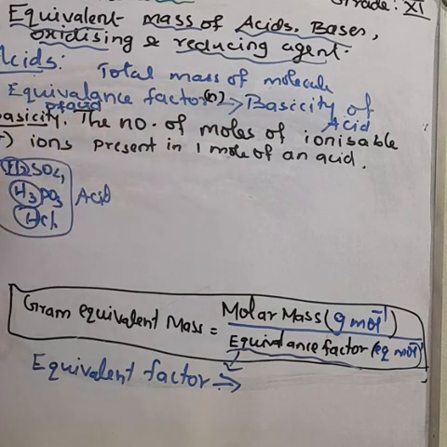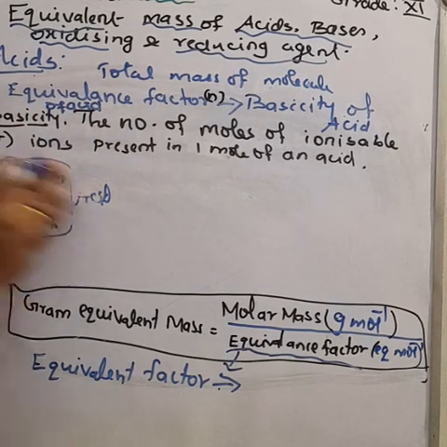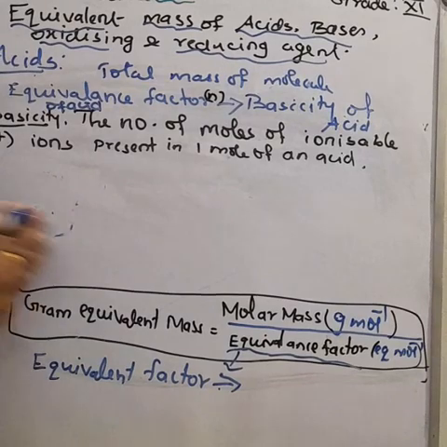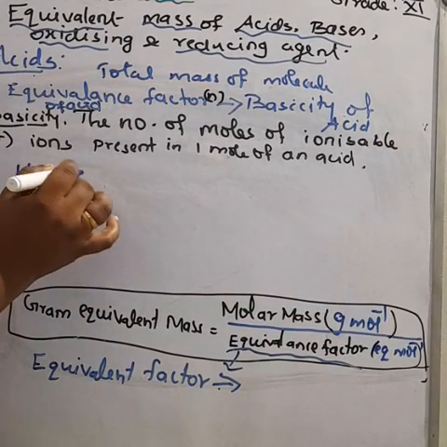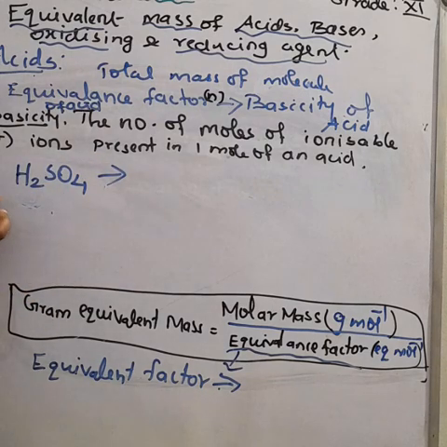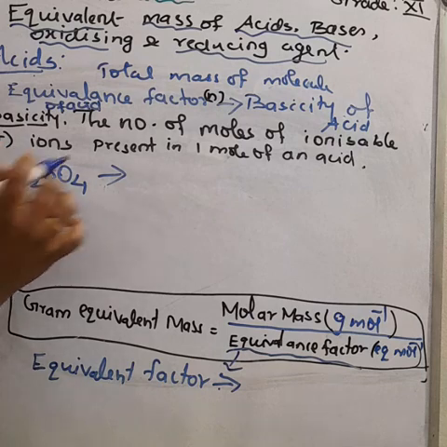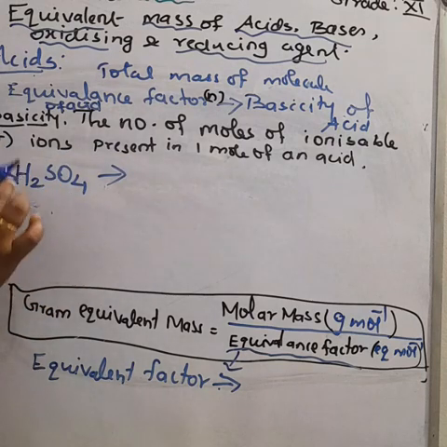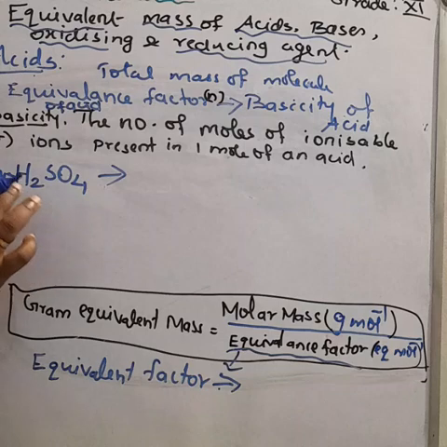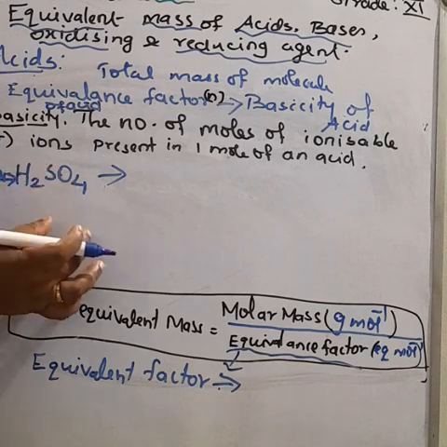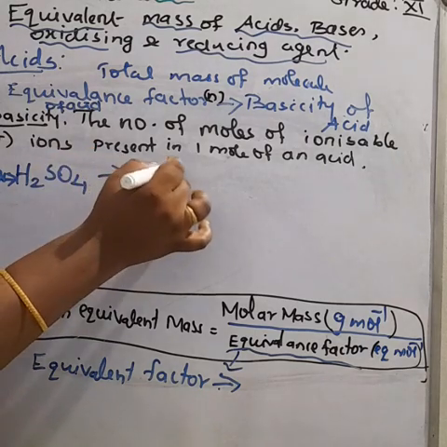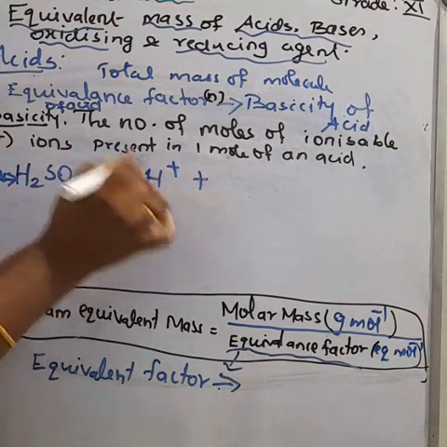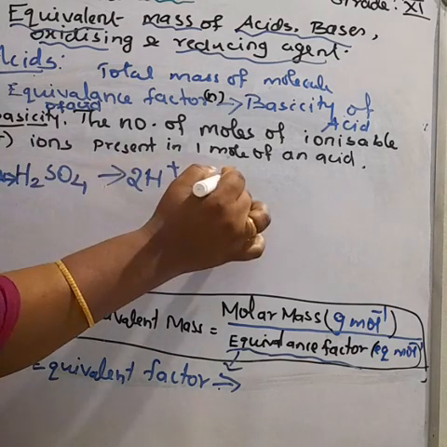If you are calculating the gram equivalent mass of H2SO4, how many ions are present? 2 H plus ions are present. It undergoes ionization: H2SO4 ionizes into 2 H plus and SO4 2 minus.